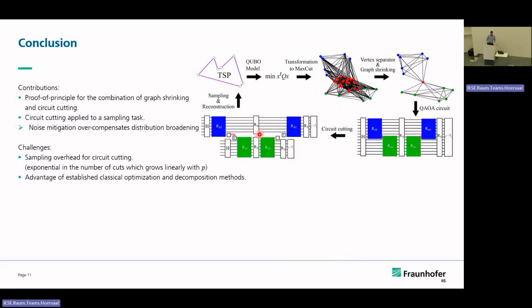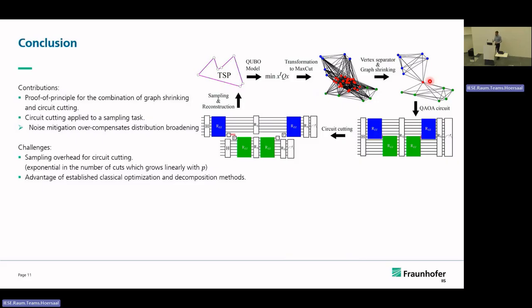On the other side, there are established classical optimization decomposition methods. In particular, if you start here, you can just consider the vertex separator, this red one, and assign one value to it, say one. Then solve the two decomposed problems with whatever method, QAOA for instance.